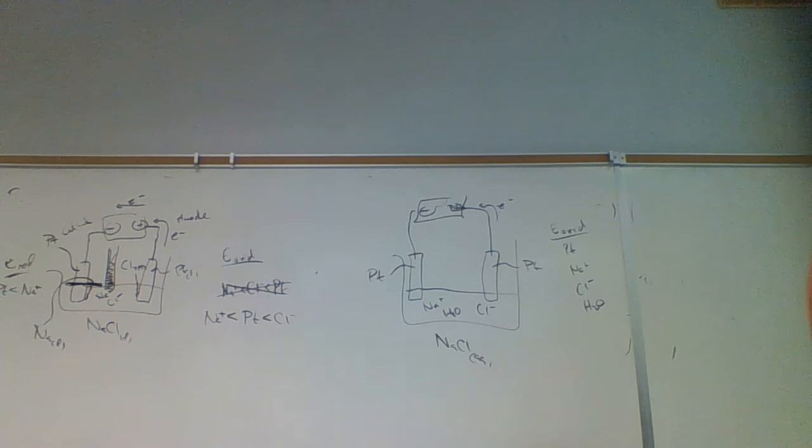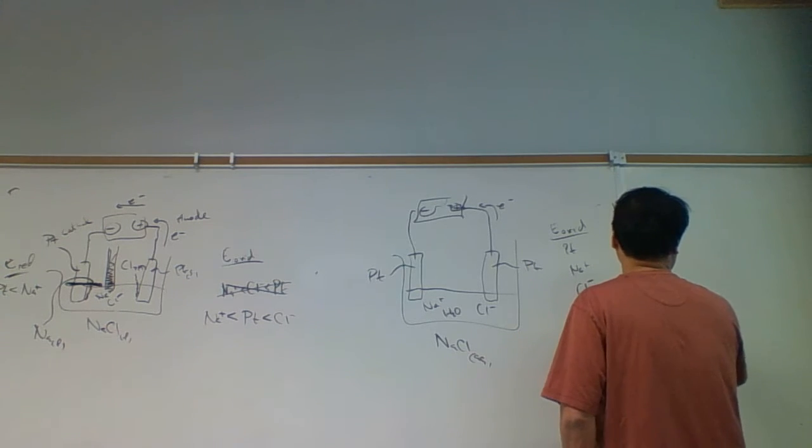The first species we hit is water. Well, the oxidation potential of water is plus 1.229 volts. And then chloride at plus, actually this is wrong. Water should be minus 1.229 volts, and chloride should be minus 1.36 volts. So minus 1.229 versus minus 1.36, well, minus 1.229 is higher.